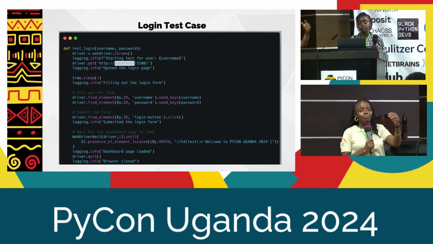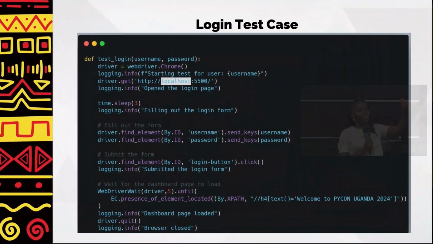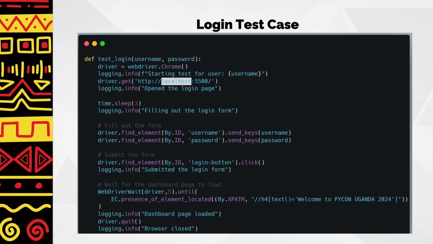Sorry, that's localhost, but it can be any URL, for example x.com. After that, good practice is to log the information on the login. Next, I used time.sleep just to show you that you can make the script wait, so that once it opens the login page, it waits a specific amount of time so that the whole page loads.